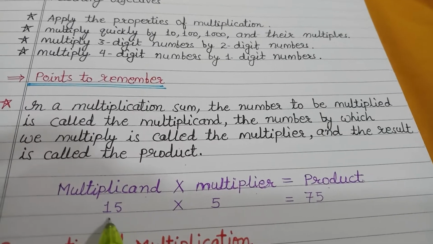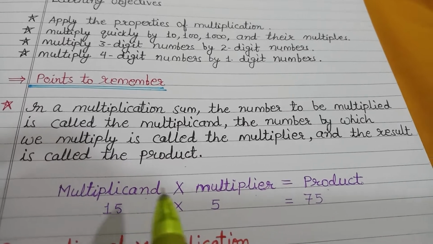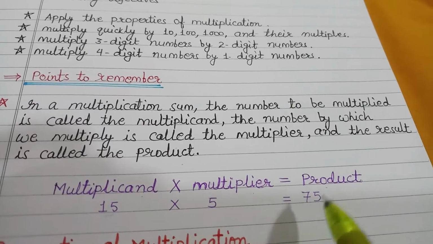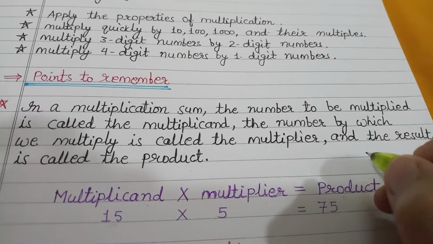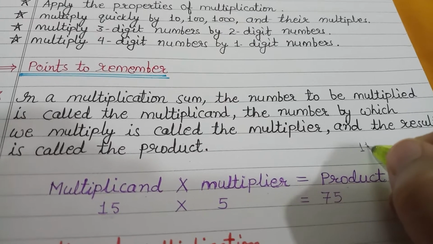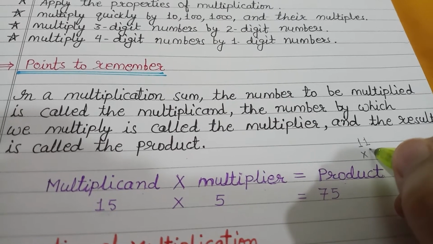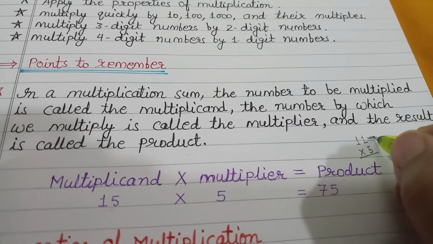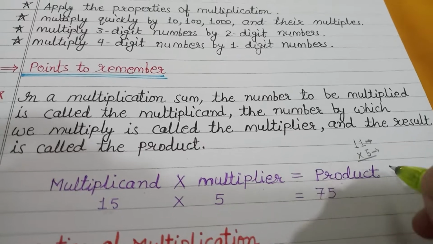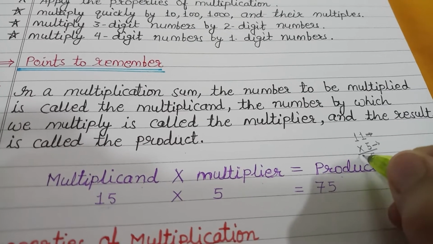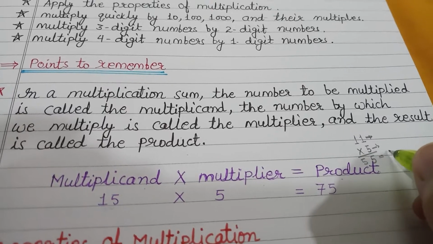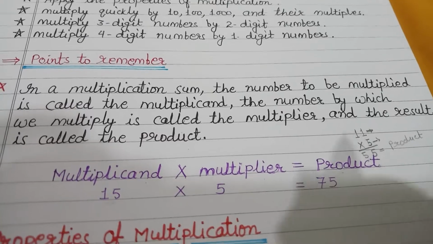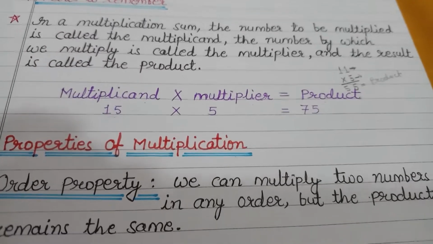See, the first number 15 is called multiplicand, this 5 is called multiplier, and this is called product. As if we are multiplying, this is called multiplicand, this is called multiplier, and the answer, 5 ones are 5. The answer of multiplication is called product. You have to keep this in your mind.